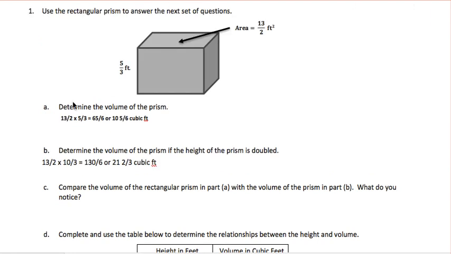Now, when we look at the two volumes, 65/6 and then 130/6, what we should notice is that the volume in part B is 2 times the volume in part A. So when we doubled the height, we doubled the volume as well.